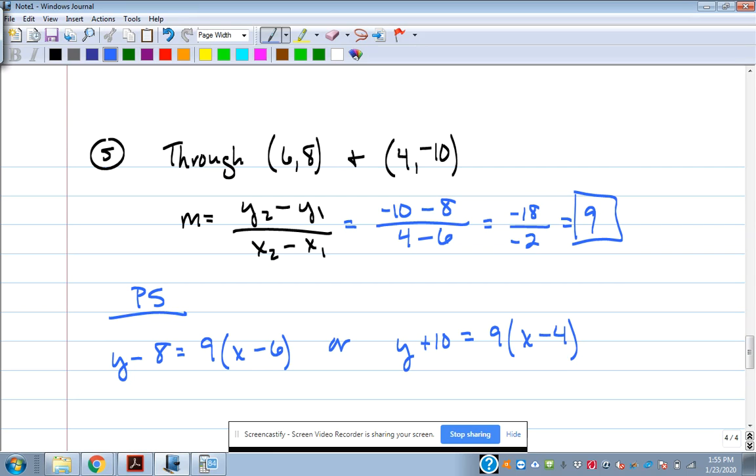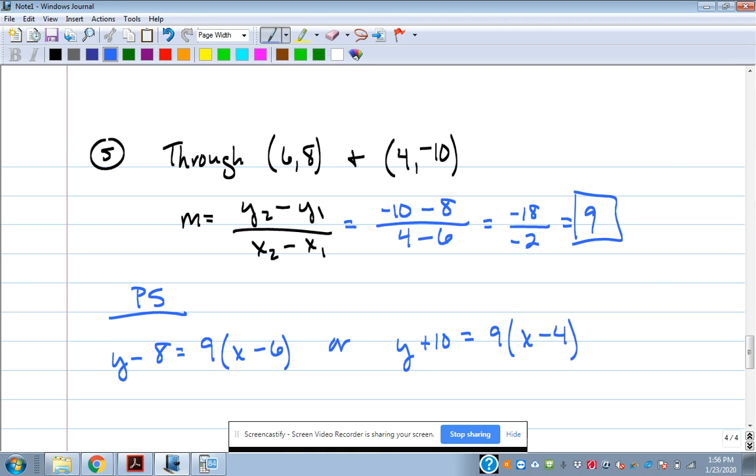Either of those is a correct point slope form. The beautiful thing about it is once you get to slope intercept, they will be exactly the same. So it doesn't matter which ordered pair you pick, just pick one of them to do your point slope form with, and then your slope intercept form should be the exact same no matter which ordered pair you started with.